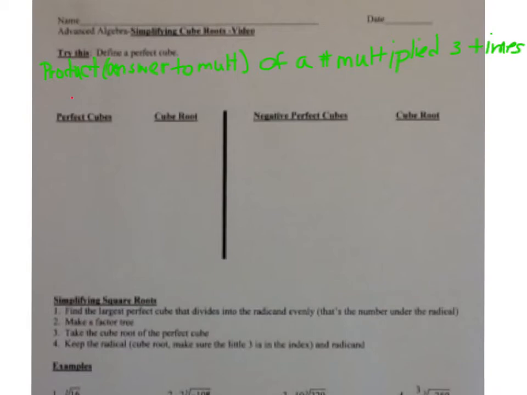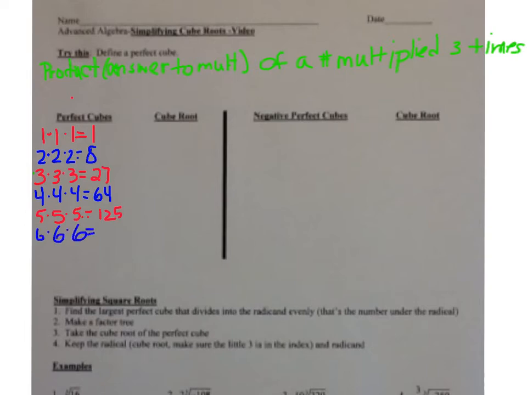So we're going to start with 1 times 1 times 1 is 1. 2 times 2 times 2 is 8. 3 times 3 times 3 is 27. 4 times 4 times 4 is 64. 5 times 5 times 5 is 125. 6 times 6 times 6 is 216. 7 times 7 times 7 is 343.